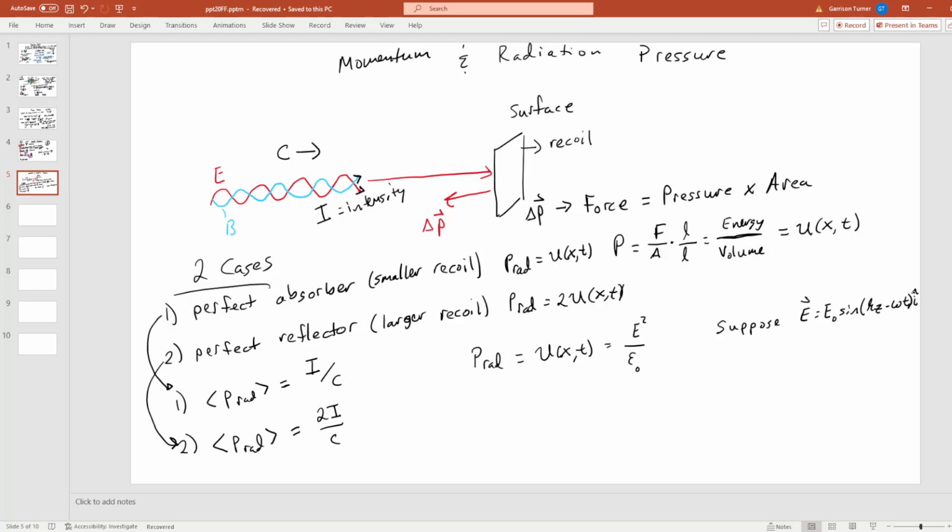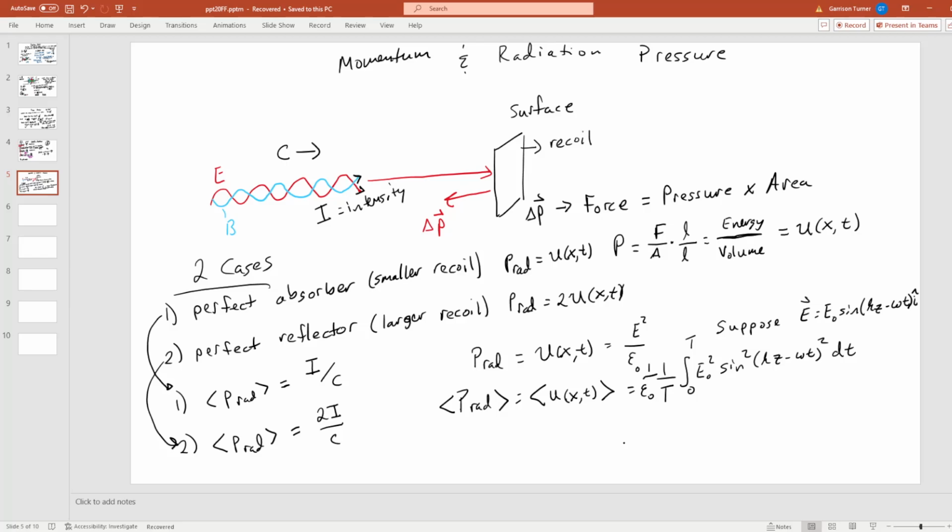If I wanted to take the time average of this, then this would be the time average over one period, and we have our constant of epsilon naught out front.